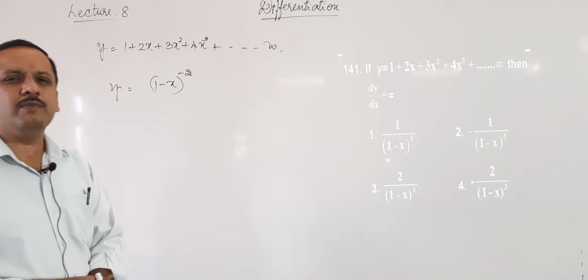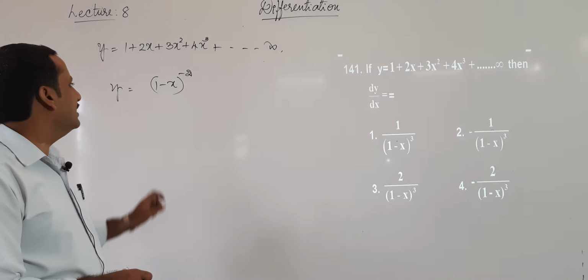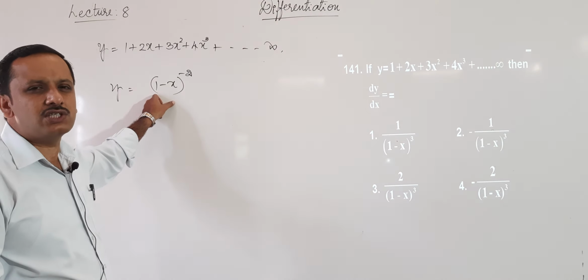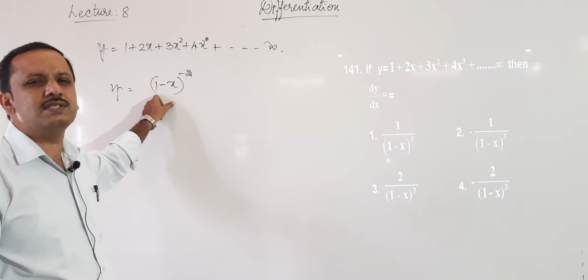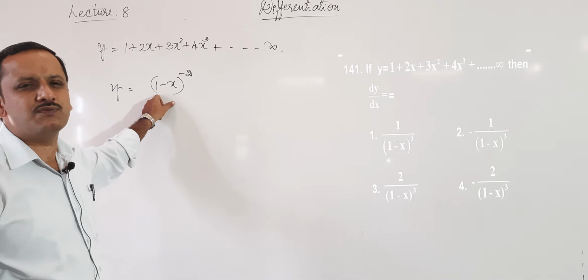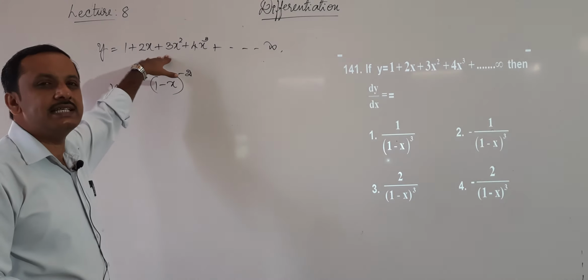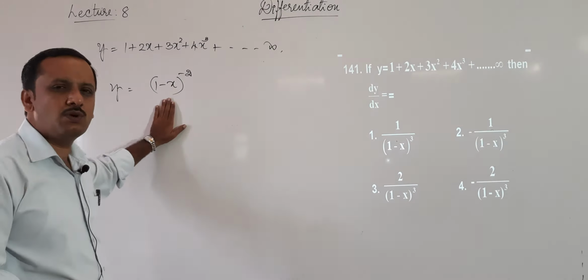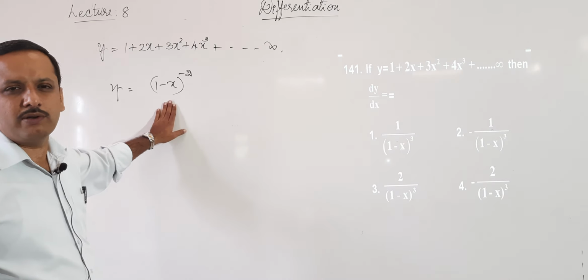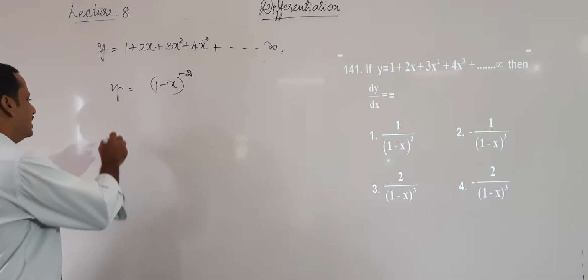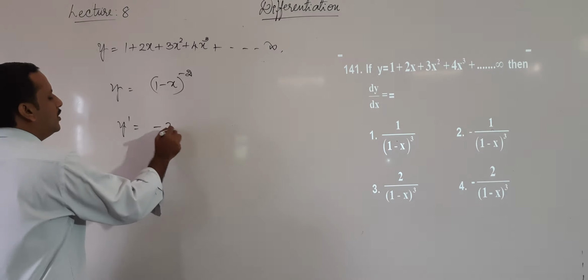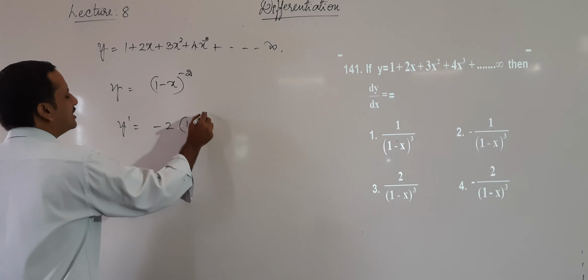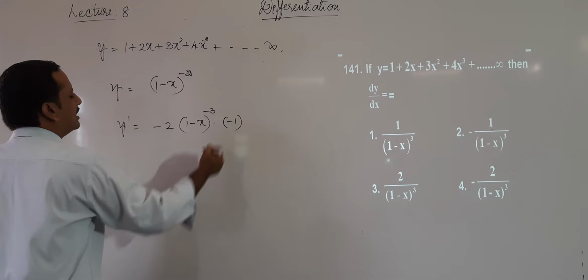However, during binomial theorem you have seen that the expansion of (1 minus x) whole power minus 2 is equal to 1 plus 2x plus 3x square plus 4x cube etc. So this is the expansion of (1 minus x) whole power minus 2. This you have to remember. Okay. Now differentiate it. y dash is equal to minus 2 into (1 minus x) to the power minus 3 into minus 1.